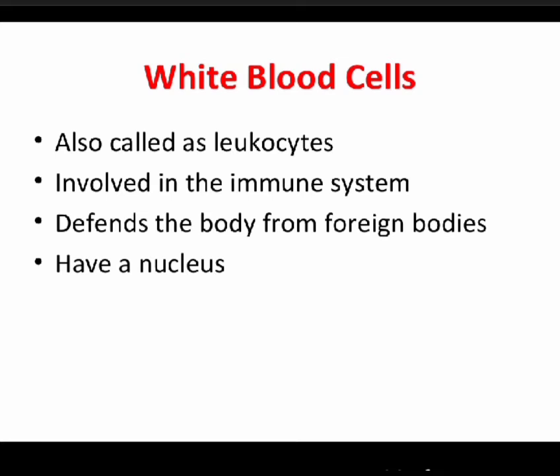Now, it helps to defend the body from foreign bodies, that is harmful micro living organisms that find their way into the body, like bacteria, viruses, and other forms. Now, the white blood cells have a nucleus, so anytime they detect another organism that has a different DNA from what the body already has, they tend to attack it. That is what causes blood clotting.